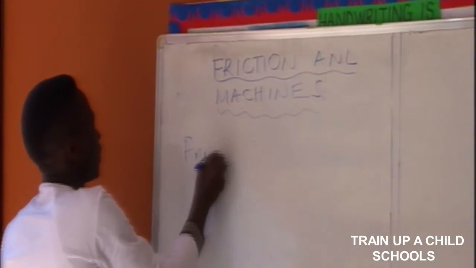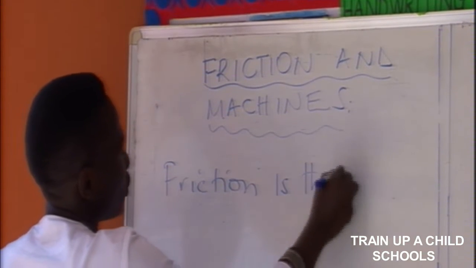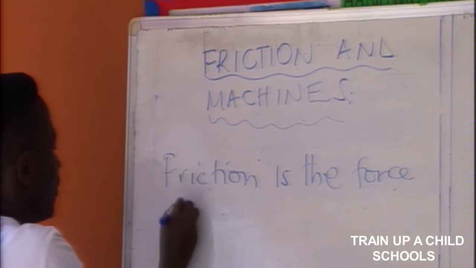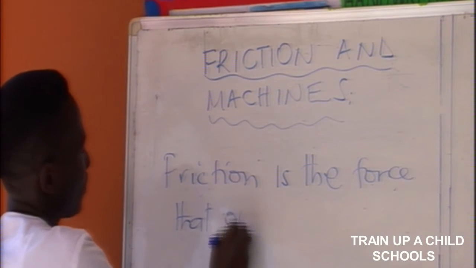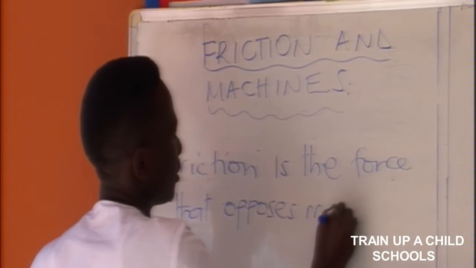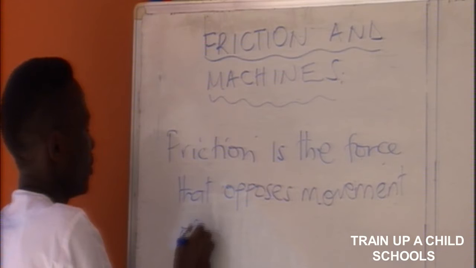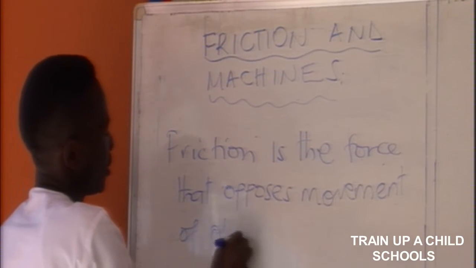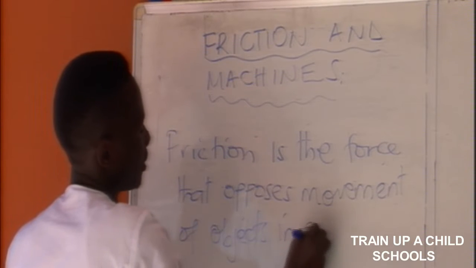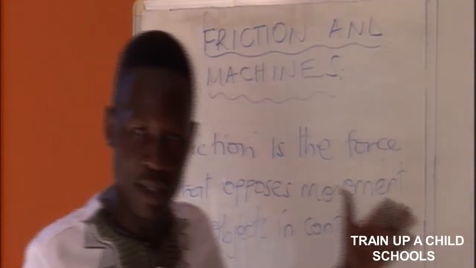Briefly, friction is the force that opposes movement of objects in contact.